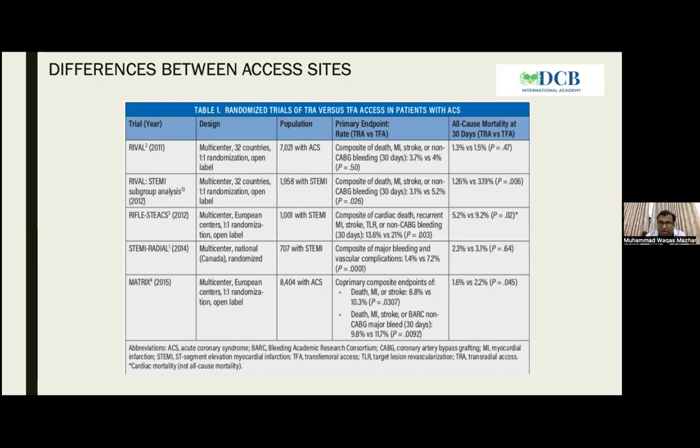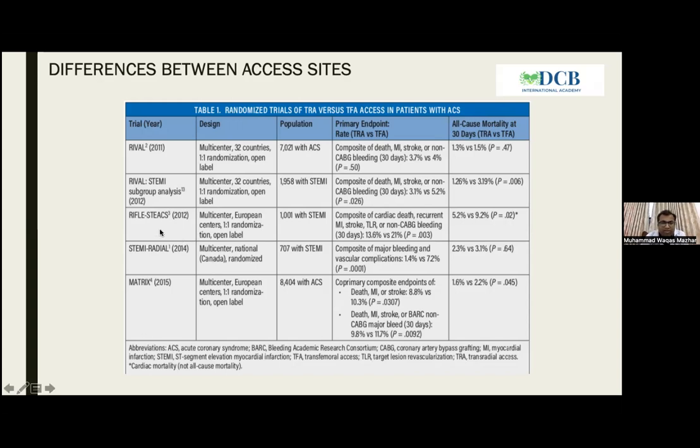Similarly, all-cause mortality at 30 days is 1.26% versus 3.19%. Sir, this is a sub-study, and it also shows a significant difference between the transradial and transfemoral in terms of bleeding complications.